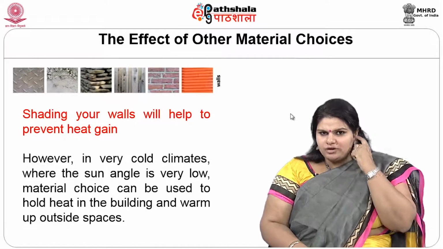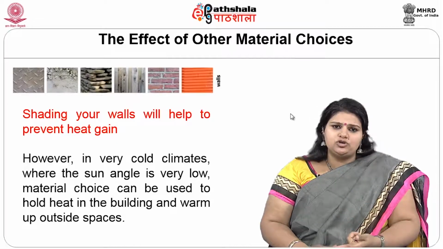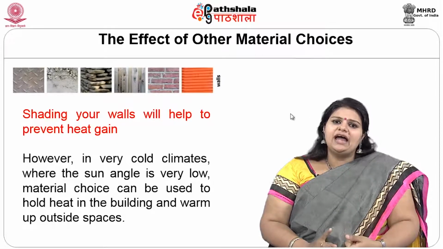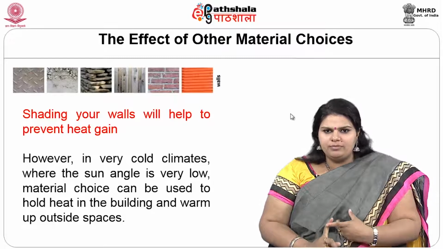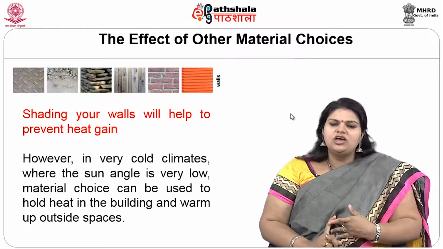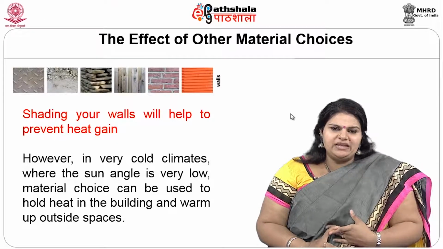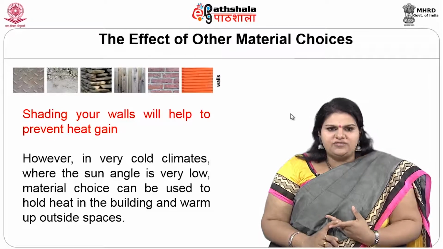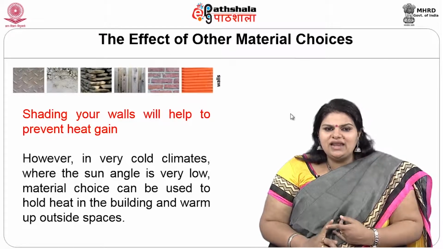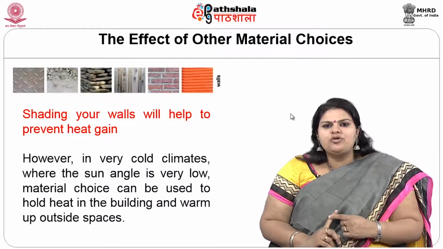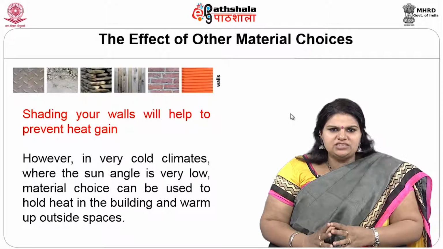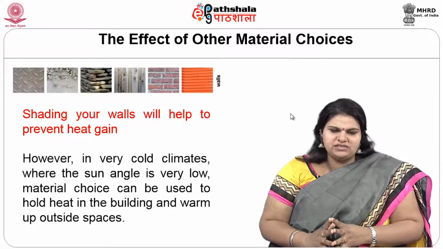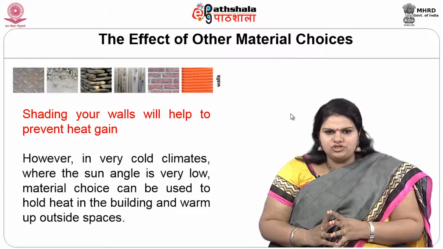This is what we are talking about, where glazing also comes into play, and glazing is a very important material that has to be considered. Even though it's not a wall material, it's a part of the wall as a fenestration. So when the sun angle is low, the sun has to enter in the maximum number of places, and the glazing helps us do this.